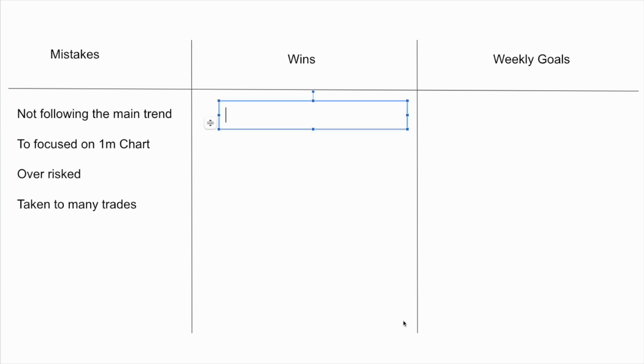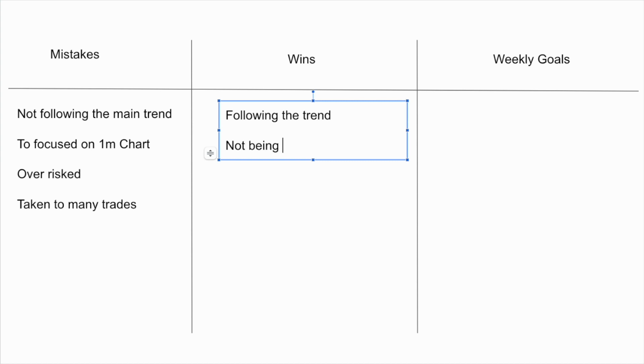Wins. Following the trend. Not overextending, I mean just targeting the high or the low when you sell or buy, not being greedy, a main one. Sticking to rules, say.